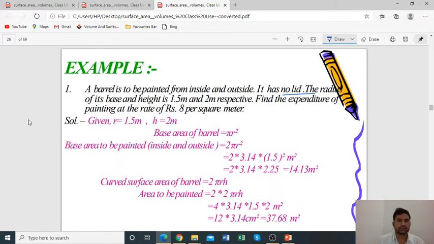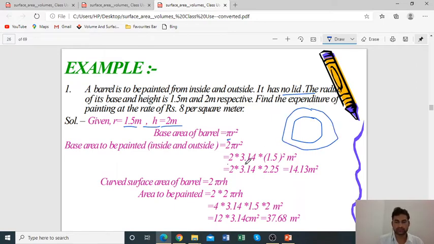So already given, the base radius is 1.5 meters and the height is 2 meters. The base area of the barrel is pi r square, but the base area is to be painted inside and outside, so 2 times pi r square.